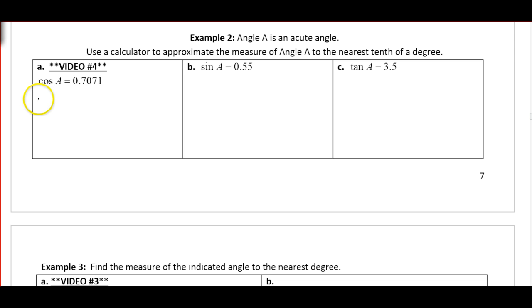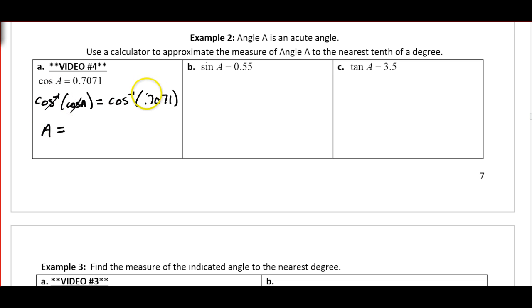So I'm going to take the cosine inverse of both sides. I take the cosine inverse on the left, so now my cosine inverse and my cosine are going to cancel each other out. But since I took the cosine inverse on the left, I'm going to have to take the cosine inverse on the right. These are going to cancel, and we're left with angle A over here.